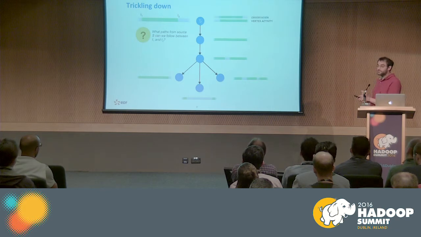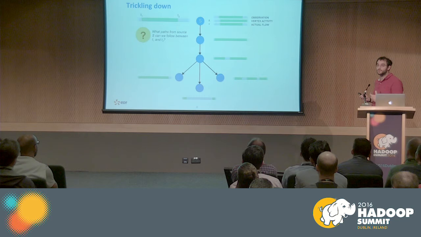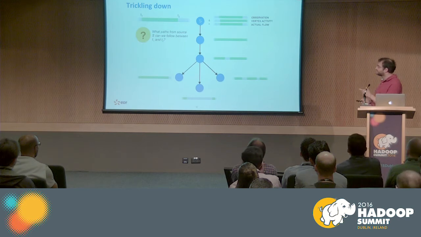We first take the period of observation, we inject it into the source, starting point of the exploration, and we perform some interval arithmetic on it. That is, we perform the intersection between the period of observation and the activity intervals. That gives a resulting set of intervals, which is the actual flow going through the vertex, the source.